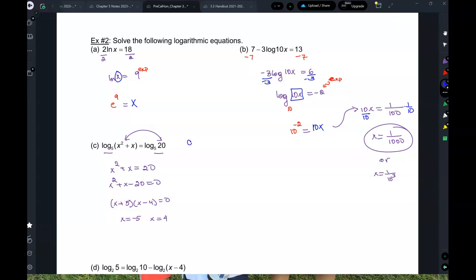Yes, it does. You get 25 minus 5, which is 20. It's log base 5 of 20. They both work. And x equals 4 also works, so both of these are answers. Don't judge a book by its cover, right?